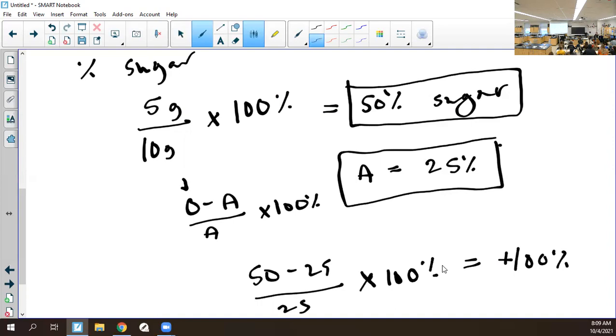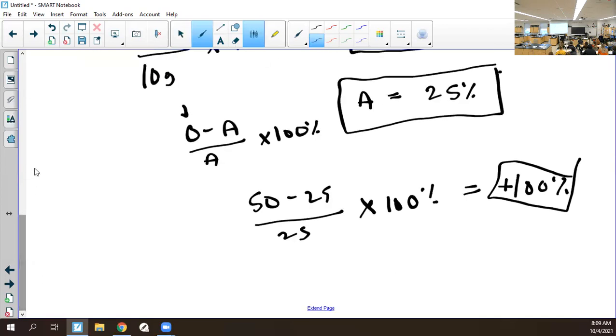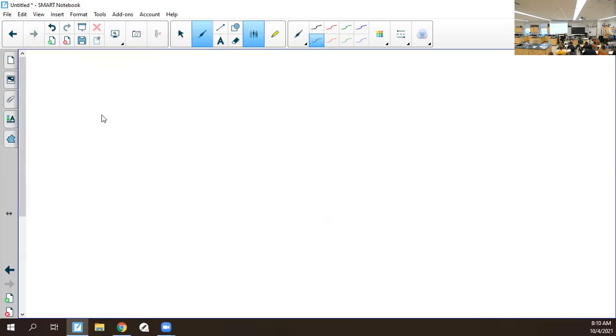We observed more. So if we're looking at how in the world did we have such a bad percent error, let's look at how our procedure may have caused that, and may have also caused us to lose material. If we're looking at our procedure, let's get a new page here.